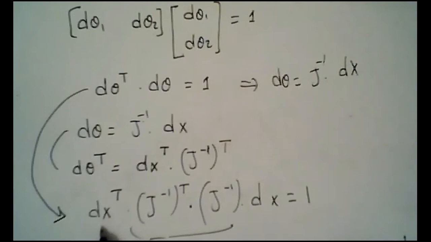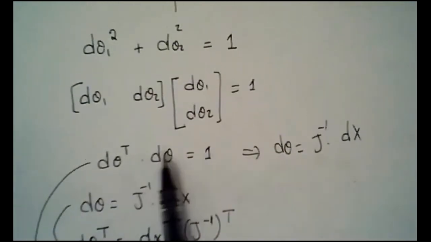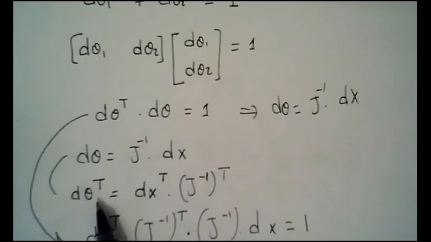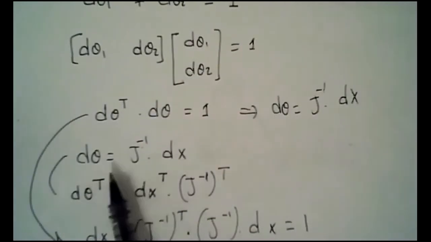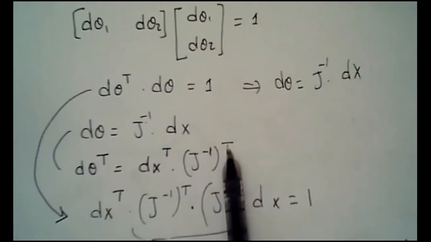Then we have d theta transpose times d theta. So we'll replace d theta by its value, which is from here. So d theta is equal to J minus 1 multiplied by dx, and d theta transpose is dx transpose multiplied by J minus 1 transpose.